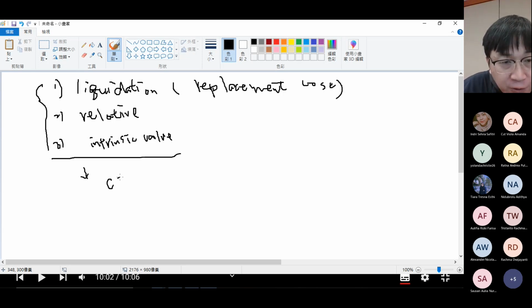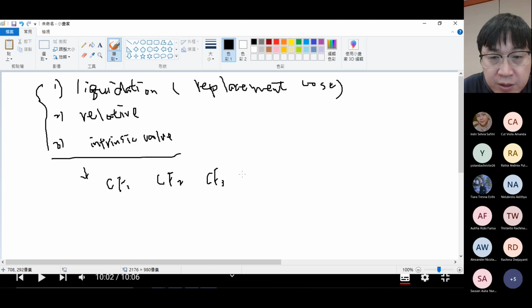So we know CF1, cash flow received at day 1. CF2, receive the cash flow at day 2. CF3. So a series of cash flows you receive, right?